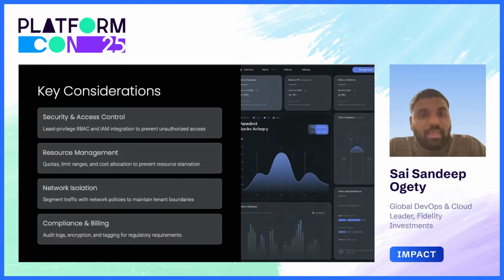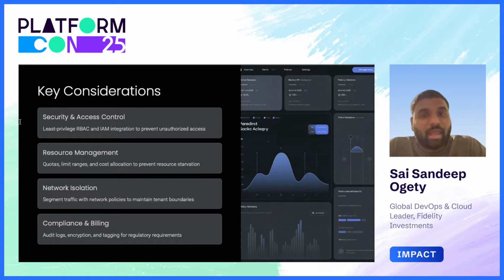Another key consideration, no matter which model you pick, is to design for four pillars. The first is security and access control: enforce least-privilege RBAC and integrate with your cloud IAM. Resource management is another key consideration: apply resource quotas and limit ranges to prevent noisy neighbor issues.